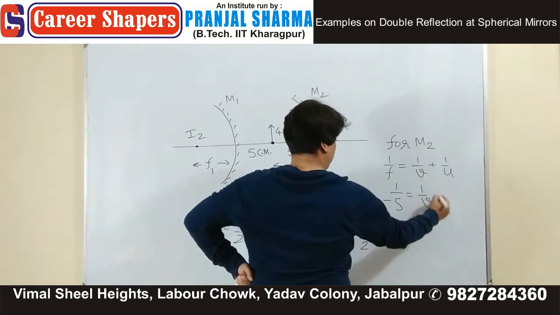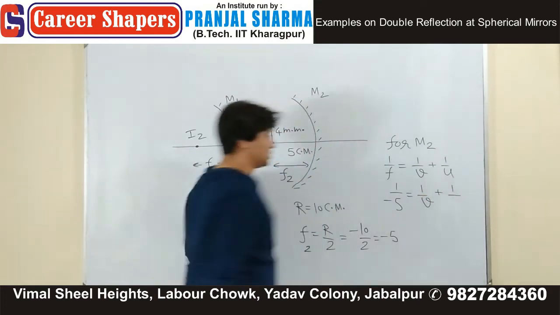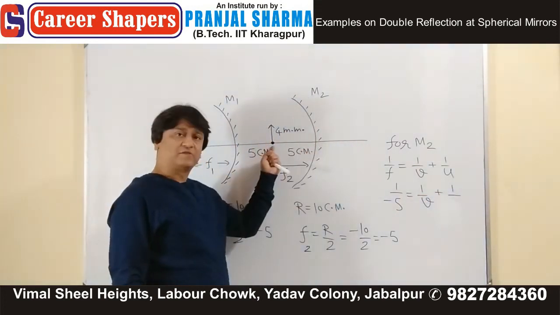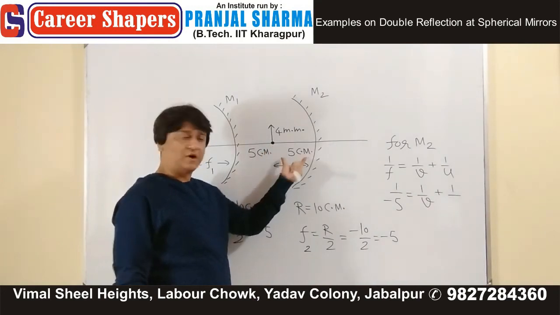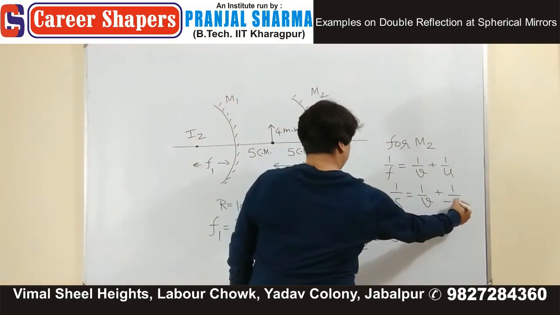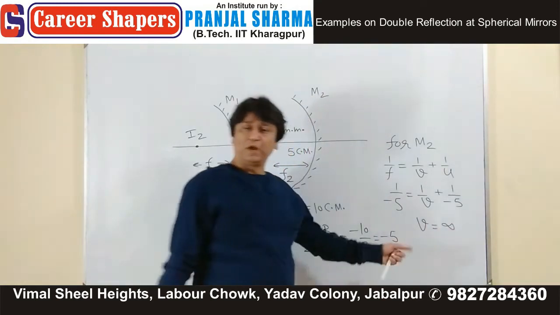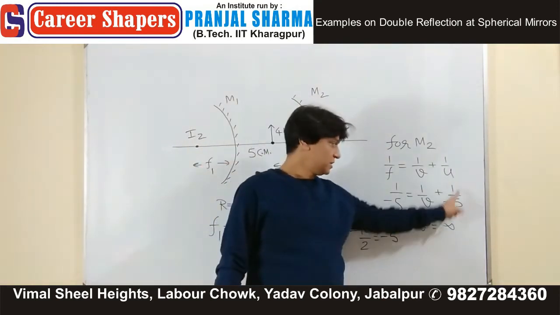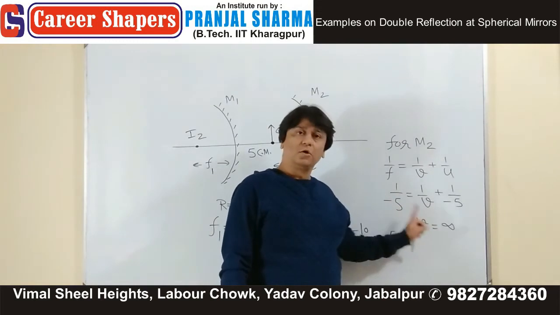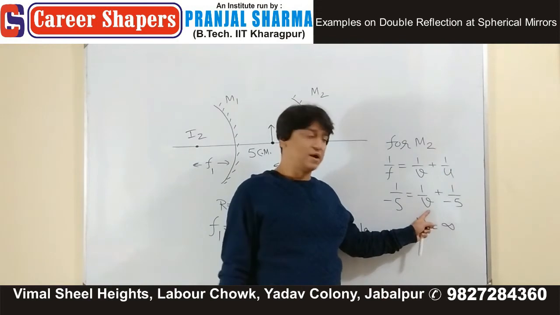We are looking for V. U is on the left side, at a distance of 5, -5. This immediately gives us V as infinity. This and this cancelled. 1 upon V is coming 0. That means V is infinite.